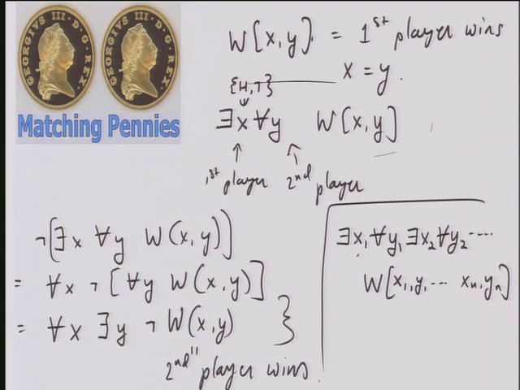What would the negation of this be? If you negate this, you'd put a negation up front. And now remember, by these rules, we could just push the negation all the way through. And what would we get?